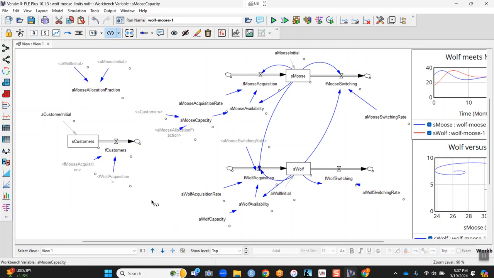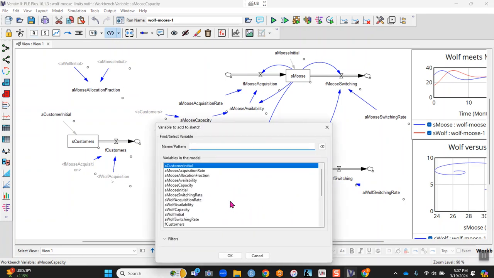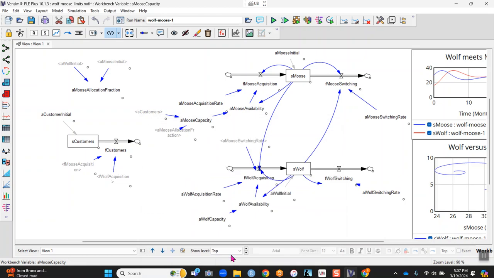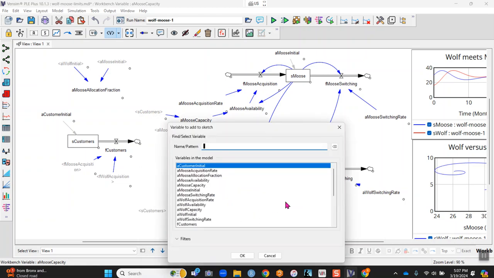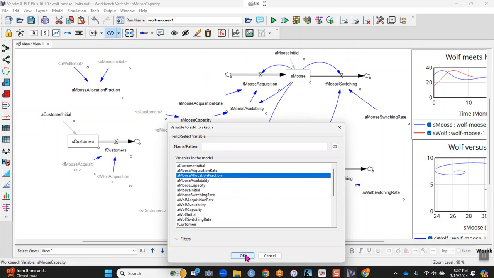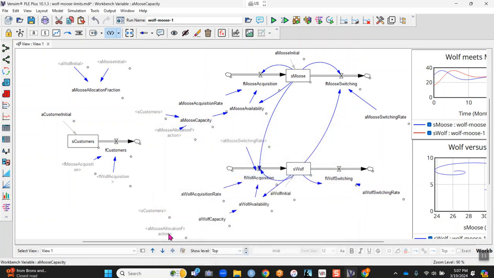this handy tool called the shadow tool. There's customers. And this too will also be this moose allocation fraction, but realize it's going to be 1 minus this fraction. 1 minus this fraction reaching this wolf capacity number.